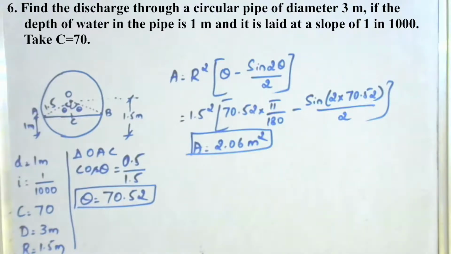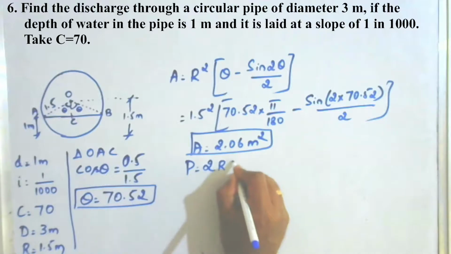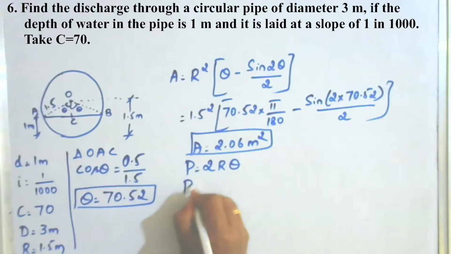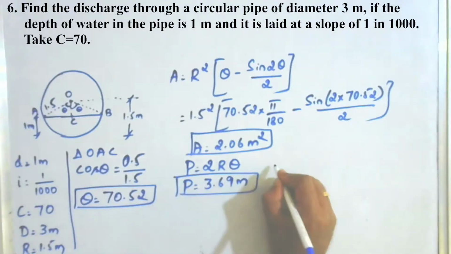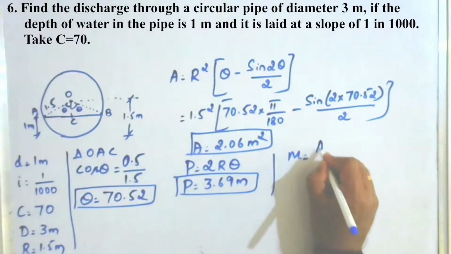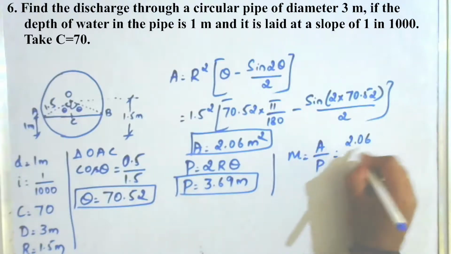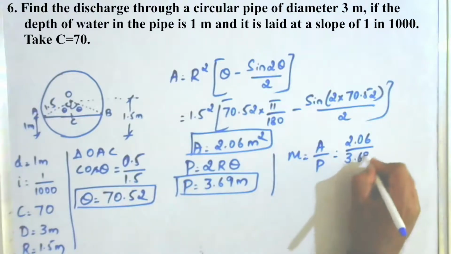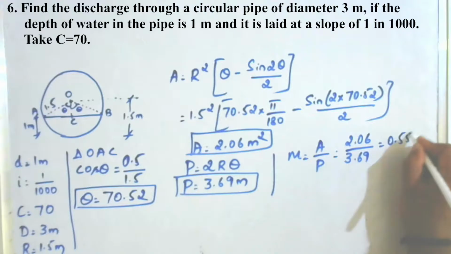Once you get the value of area, wetted perimeter is 2r theta. You substitute, the wetted perimeter works out to be 3.69 meter. Then m is equal to area by p, which is equal to 2.06 divided by 3.69. M works out to be 0.55 meter.